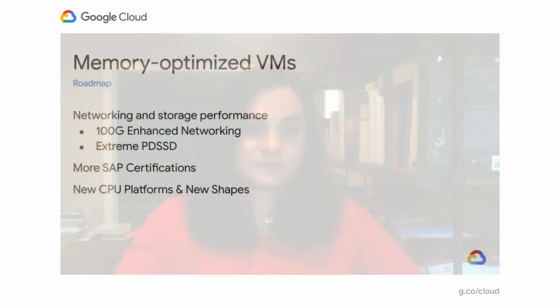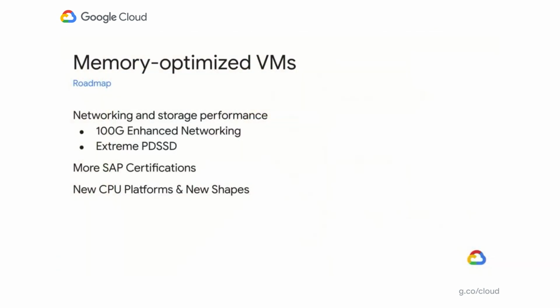Now that we've given you a quick overview of all of the VM families and virtual machine capabilities available on GCP, we wanted to leave you with a few statements on how to best get started with these virtual machine types. So for your workloads that would benefit from the memory optimized VMs, we also have a very rich roadmap that you can look forward to. This includes networking and storage performance improvements.